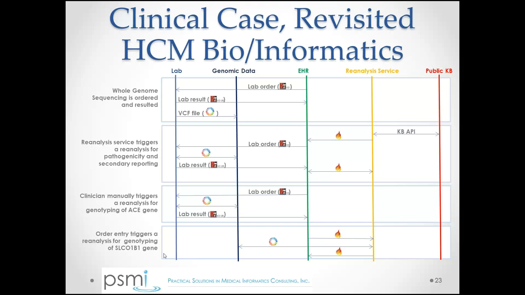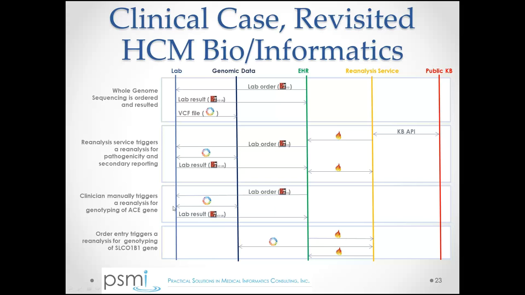Yeah, and in some cases, if the lab hasn't stored the biospecimen, the confirmatory test is not purely a bioinformatics issue. It might require going back to the patient and getting another specimen.